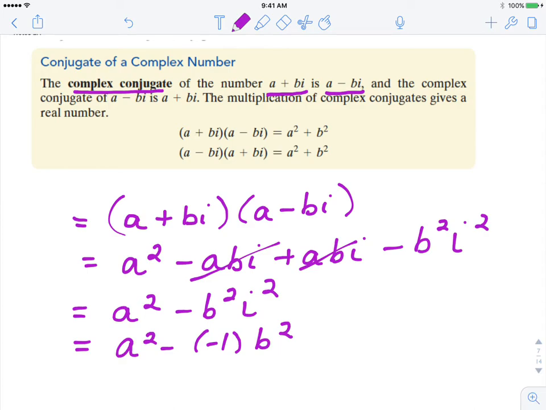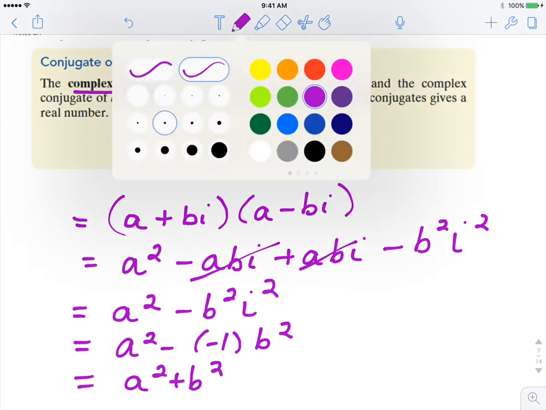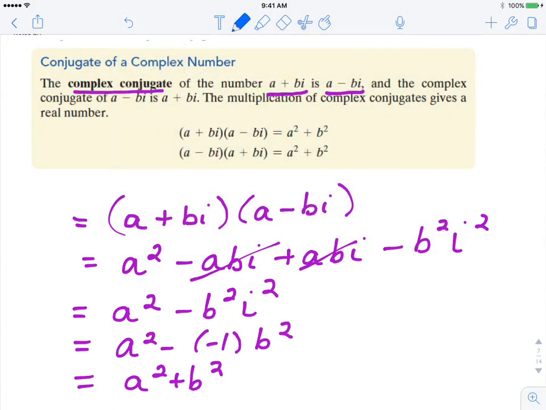And then -1 turns to a +1. So the rule is when you multiply conjugates, you only have to worry about the first and the last, and then the middles and the i's cancel out.